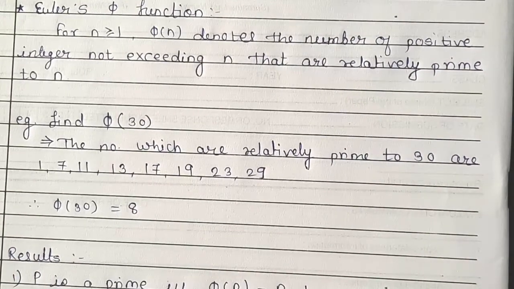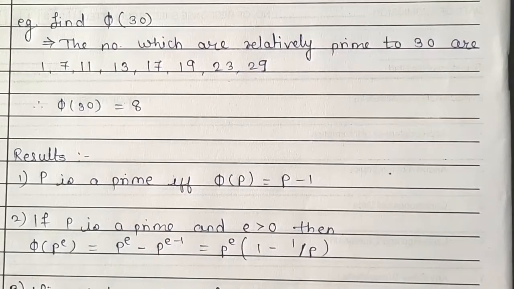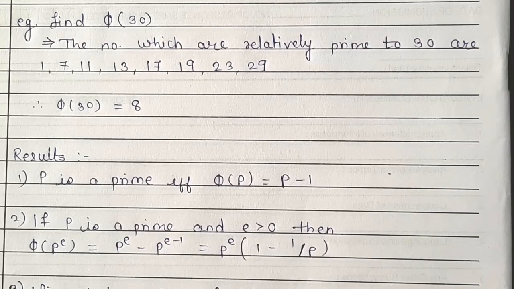Here we have some results. So the first result is P is a prime if and only if phi P is equal to P minus 1. Okay.